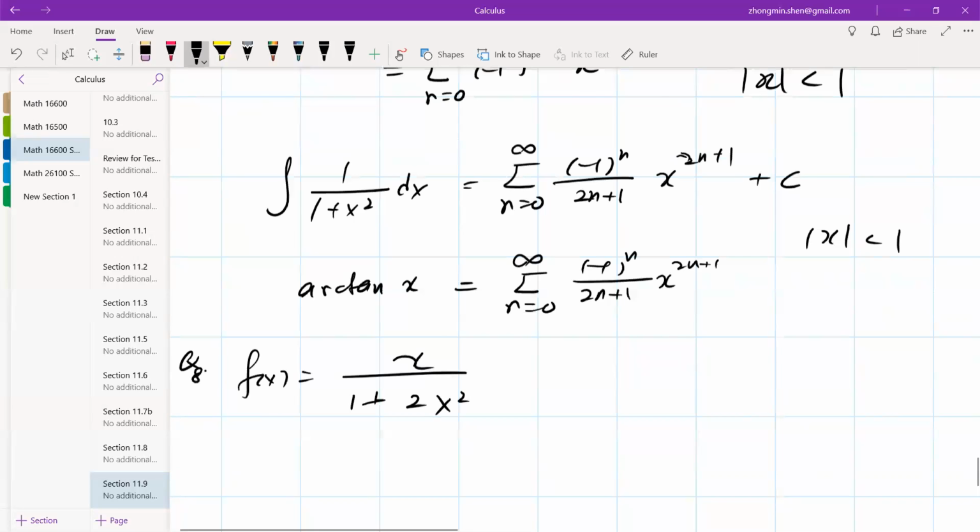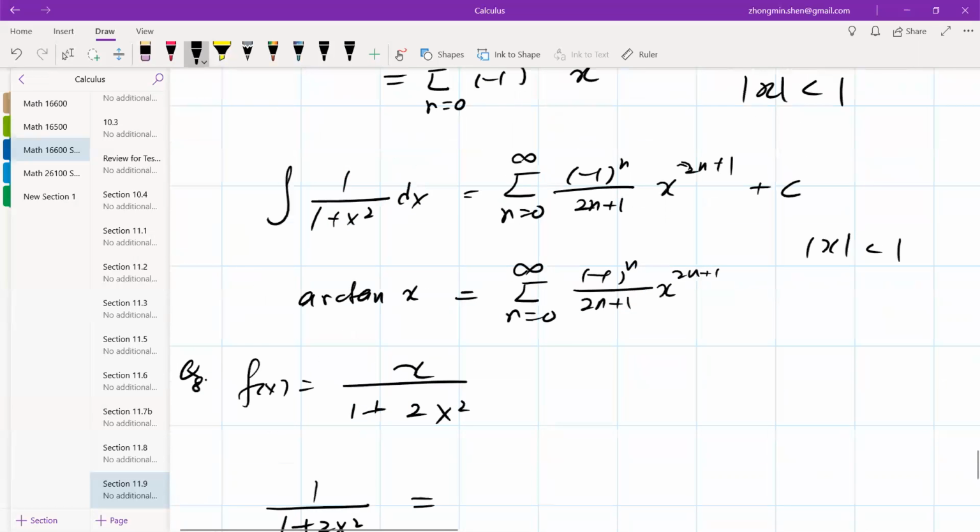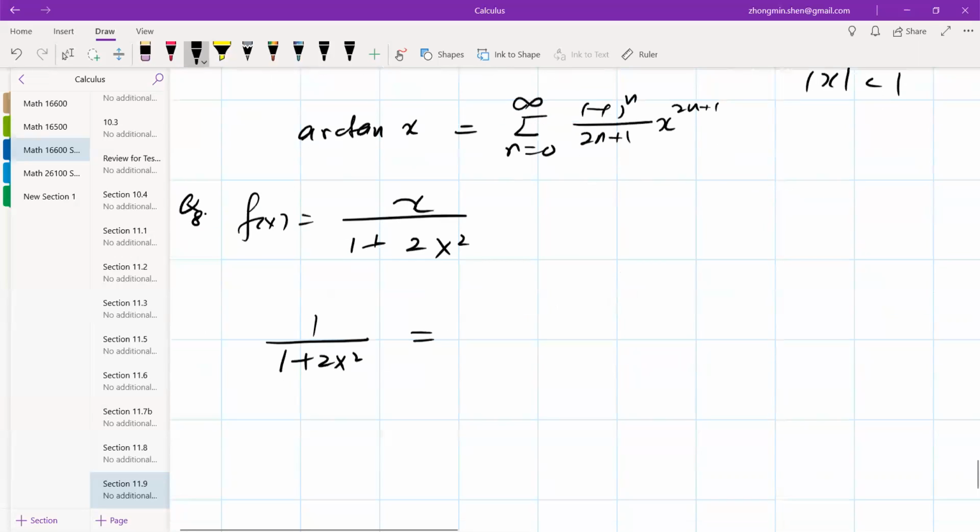Okay. Step 1. I can find the power series representation for this function, which is going to be, let's do it directly.